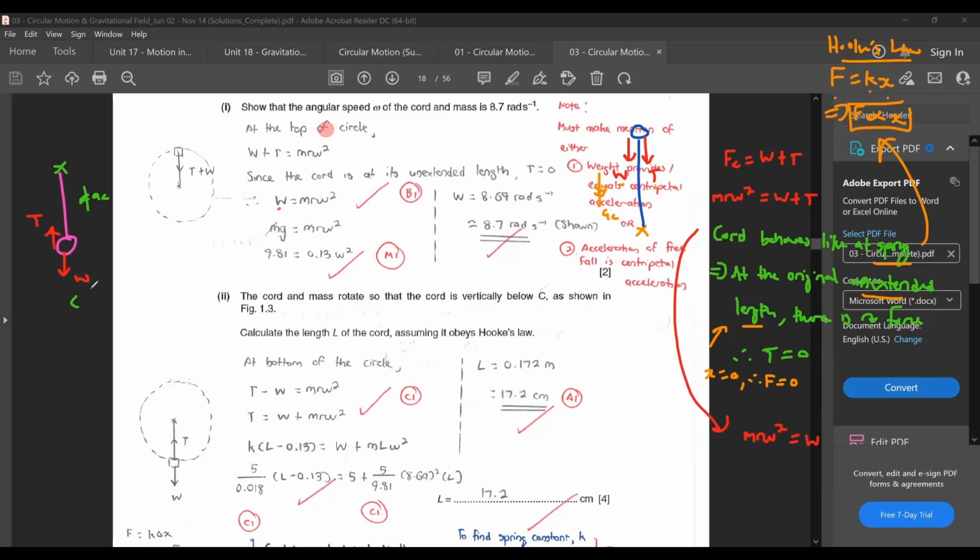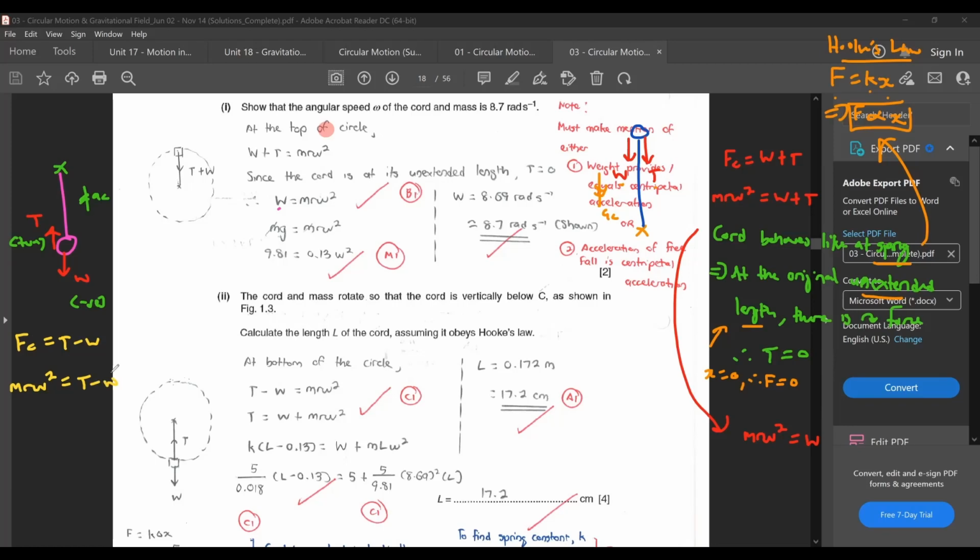Your centripetal acceleration is towards the center of the circle. W is opposite to your centripetal acceleration, so this is negative. T is in the same direction as your centripetal acceleration, so this is positive. Then you just make use of the equation for centripetal force. Centripetal force here would be T minus W, which in turn would be mr omega square.